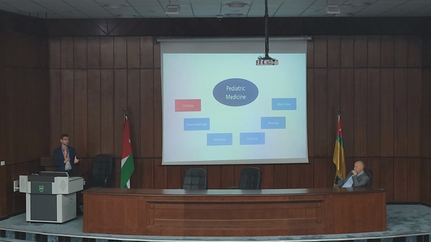So if you select cardiology, it has to be an informed decision based on your set of skills and your interest. What set of skills do you need for pediatric cardiology? Back to the basics. You see how pediatric cardiology really depends on physiology and hemodynamics, a clear understanding of those parts of your medical study.